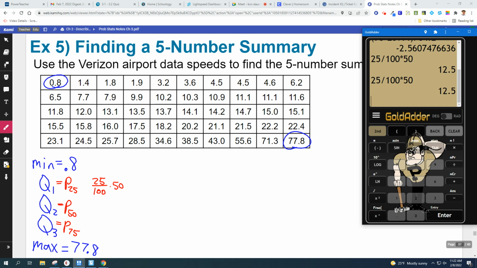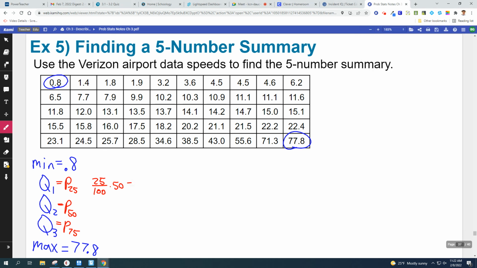Remember, if it's not a whole number, we round it up to 13. And we take the 13th number. And the 13th number is 7.9. So Q1 is 7.9.